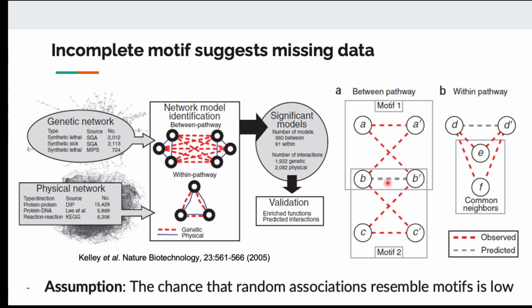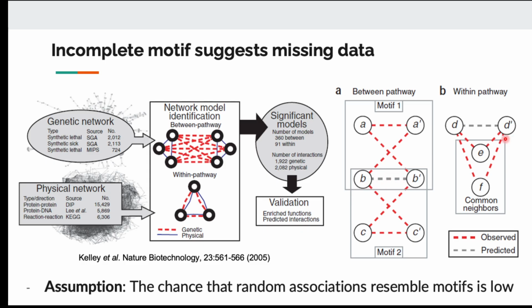So what if we look at the current knowledge and we find that A, B, and C are from one pathway, A prime, B prime, C prime are from a different pathway, and we only know genetic interaction between some of them, the ones in red. But we don't see this, the one in gray. The genetic interaction between B and B prime hasn't been observed.